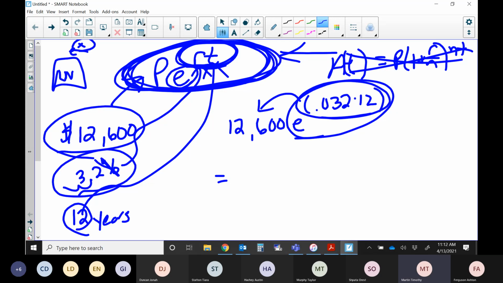You should have a calculator out and be practicing using it. It is your tool, and the better you get at using the calculator, probably the better you are at getting good test grades. So we're going to hit second, e to the x, and in my calculator it looks like e with a caret symbol and then a parenthesis.